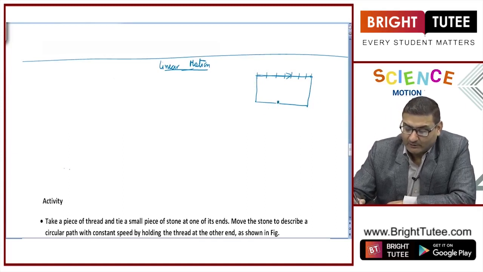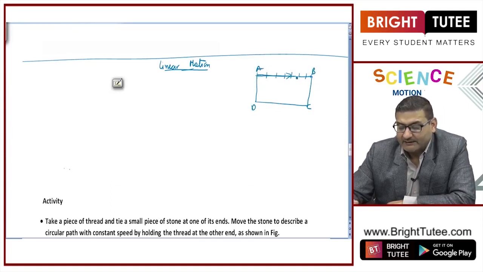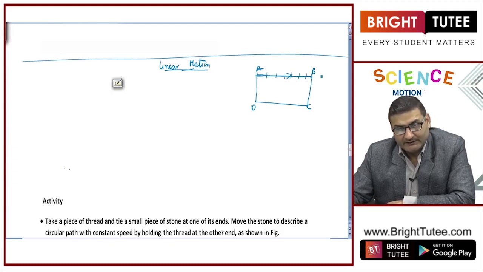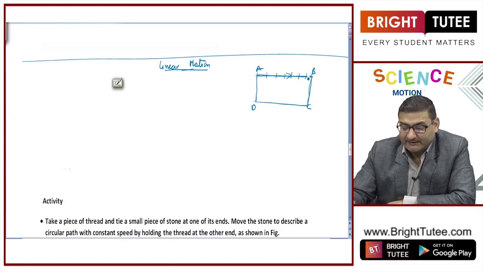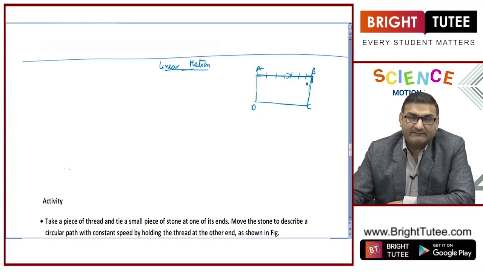Let us give some names A, B, C, D. When the body is traveling from A to B, it can go uniformly. From B to C, it can go uniformly at the same speed, C to D also, D to A. But when it is taking a turn, its speed varies. Normally while driving on a straight road, we can drive at a particular speed, but whenever we have to take a turn, we need to slow down.